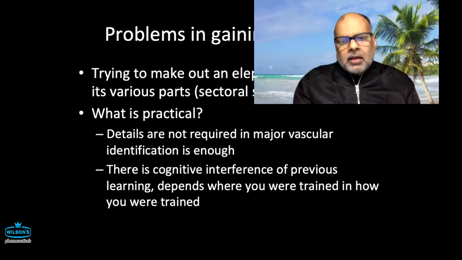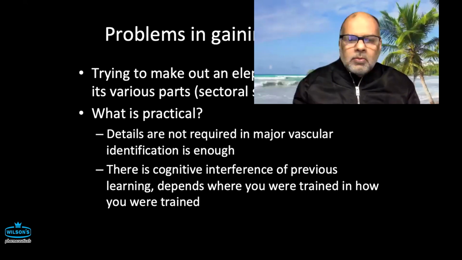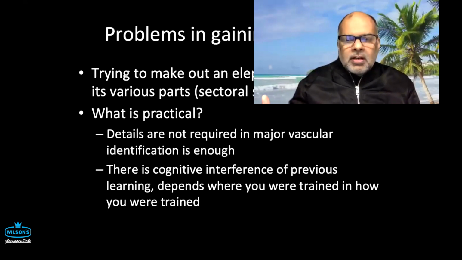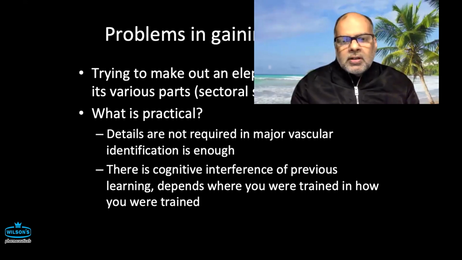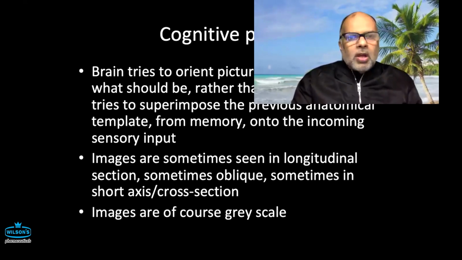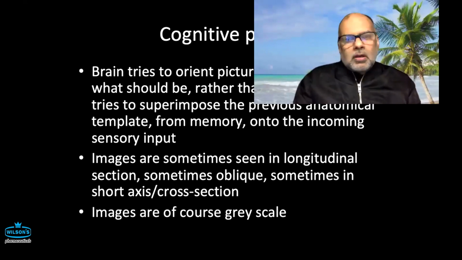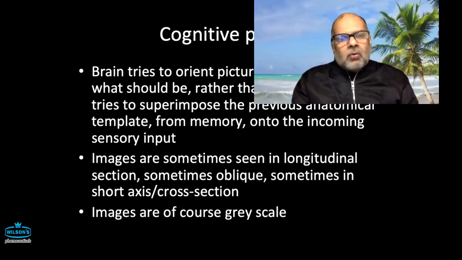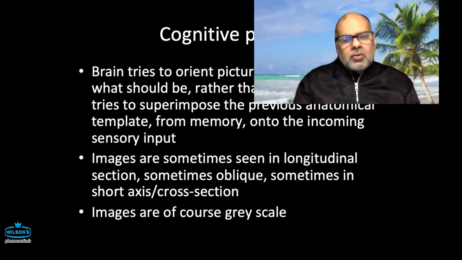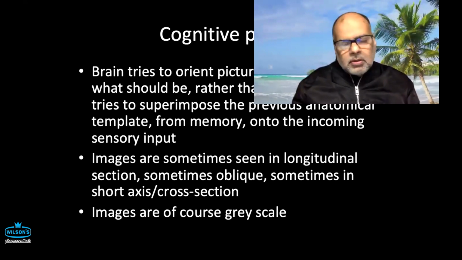And one should be cognizant of the fact that whatever you have learned previously about anatomy, the concepts taught to us in medical colleges, interferes with the anatomy which we see on EUS. So one should be aware of these cognitive pitfalls while doing the EUS. Once you become an expert, it doesn't really matter.